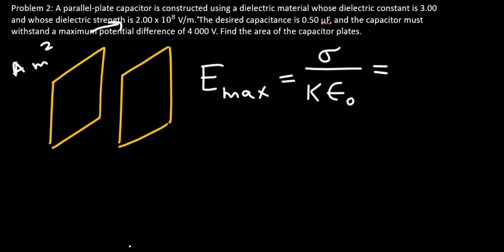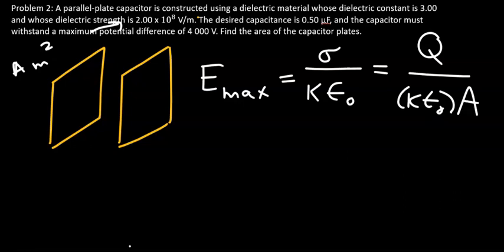And we can write the surface charge density as charge over the area of this parallel plate capacitor. Since this is a maximum electric field expression, the charge must correspondingly be maximum and the area must be minimum in order to make this electric field maximum.